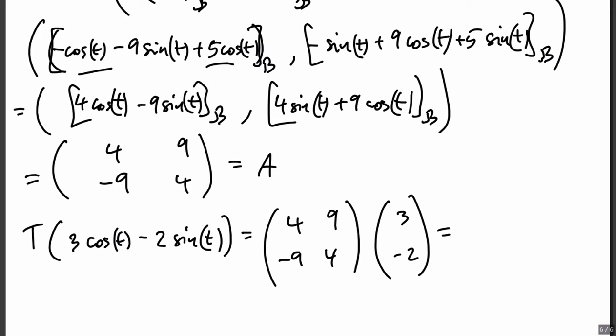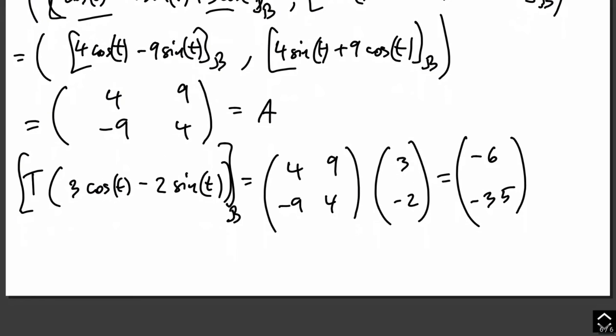And what we get is 12 minus 18, that's minus 6, and minus 27, minus 8, minus 35. Now this column vector doesn't make much sense right now, because what we calculated is just the coordinate matrix of the result.